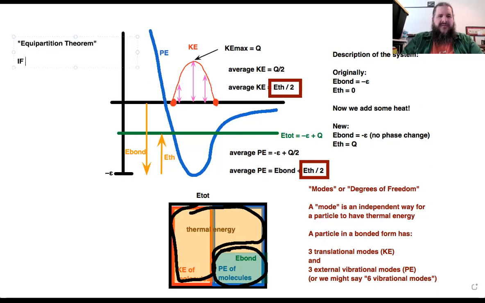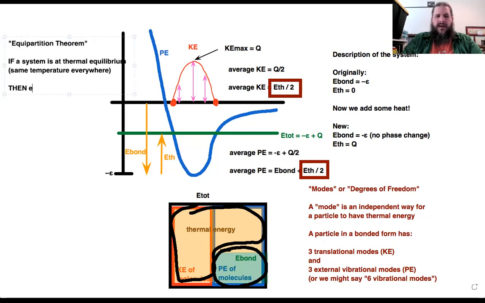And this just says if a system is at thermal equilibrium, in other words, everything's at the same temperature, then the thermal energy is equally distributed to all of the available modes.